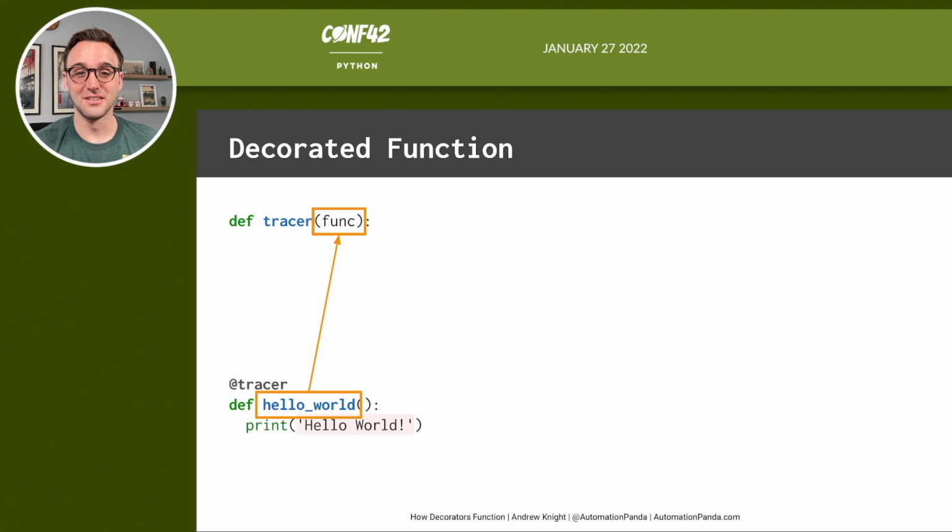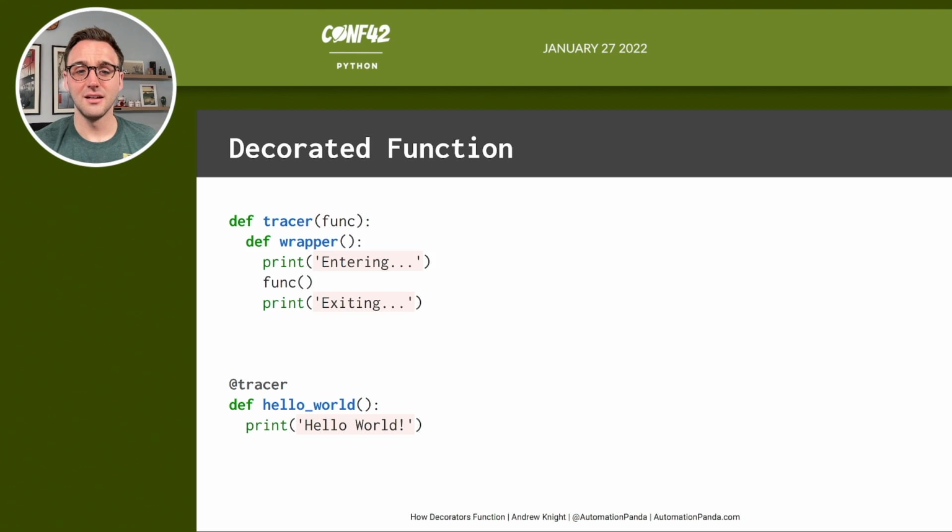Wow! So, what's inside tracer? This decorator has an inner function named wrapper. Can you even do that? With Python, yes you can. The wrapper function prints entering, calls the function originally passed into the decorator, and then prints exiting.